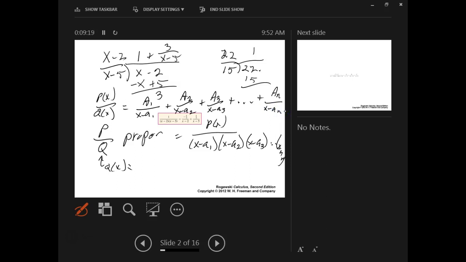Now, the capital A's are just integers. The little a's are your factors, your roots. They use the same letter, but one capitalized, one little. They have no relationship to each other except they go together.